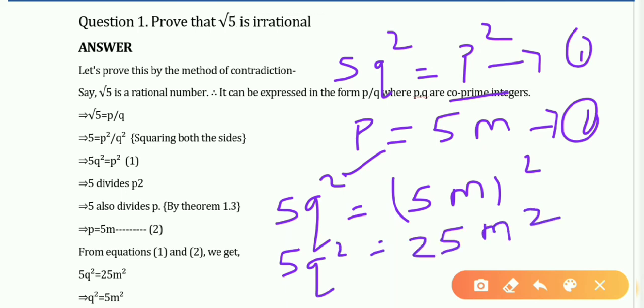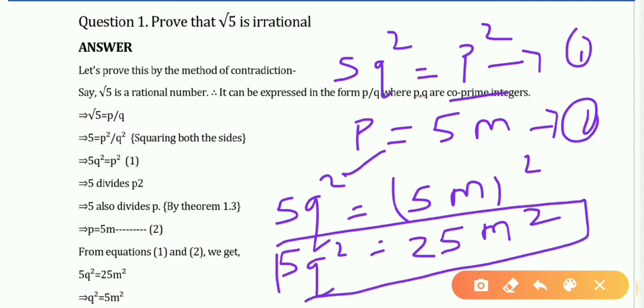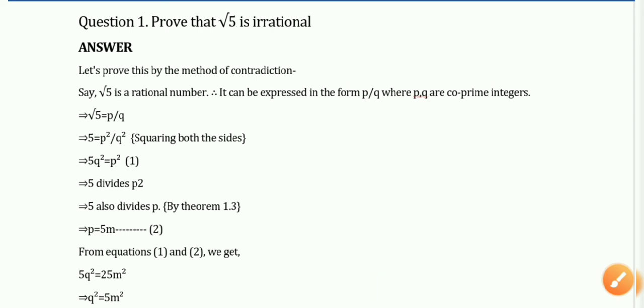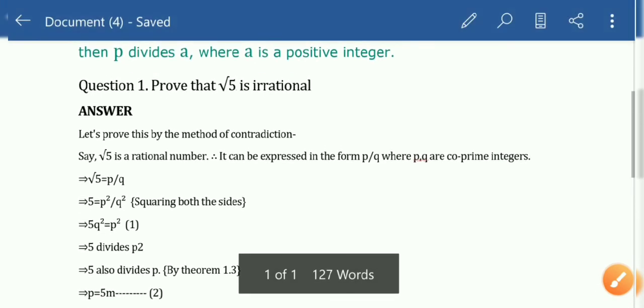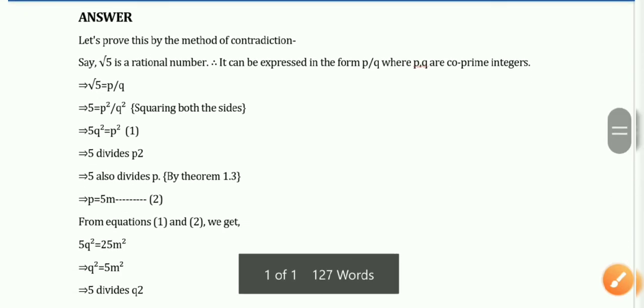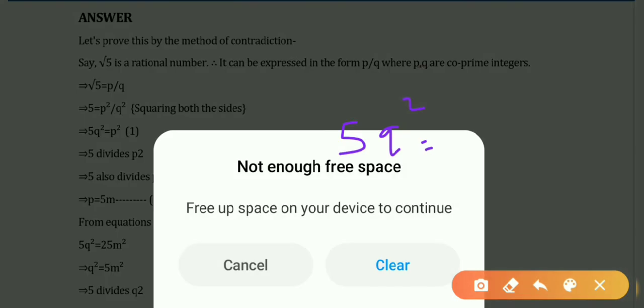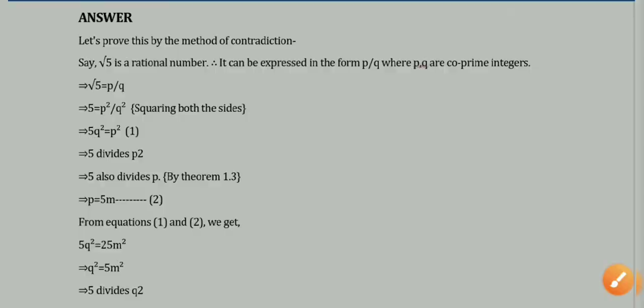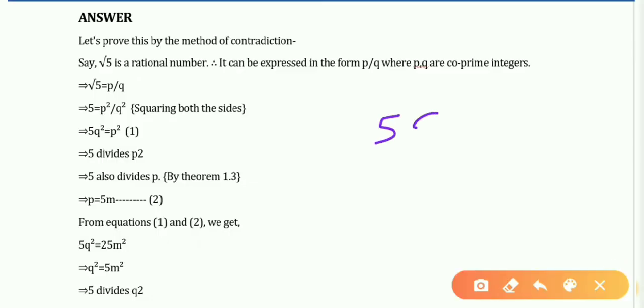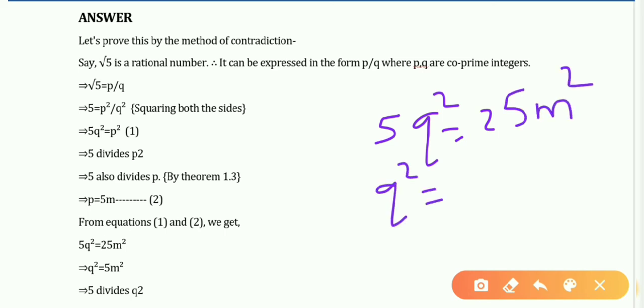Further solving this equation, I get the result q square is equal to 5m square, since 5 fives are 25.